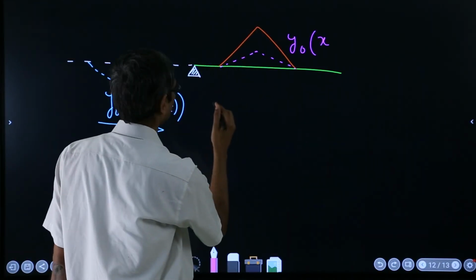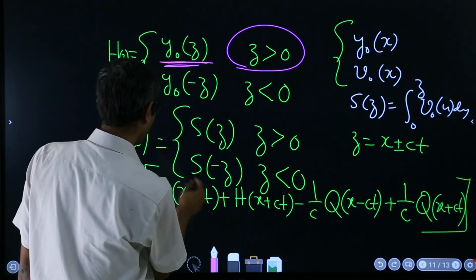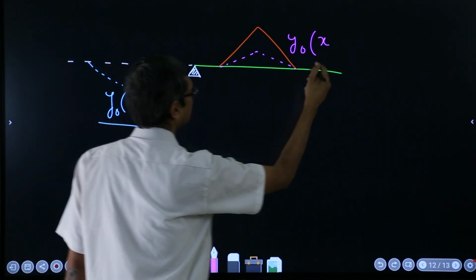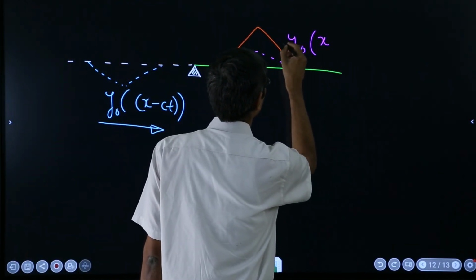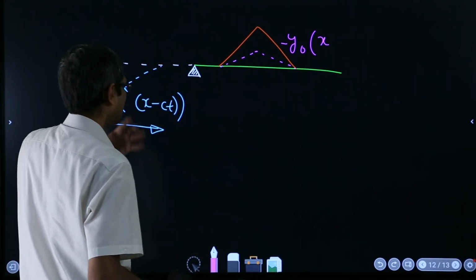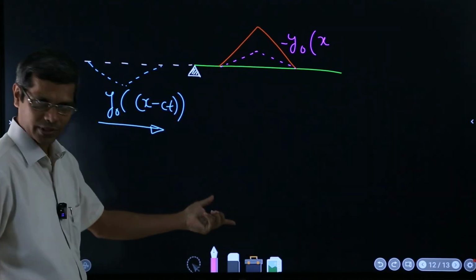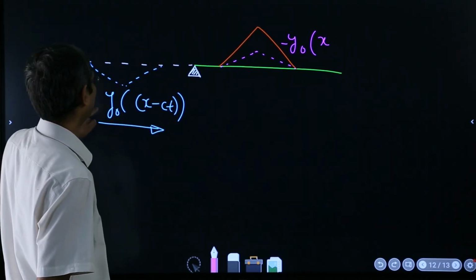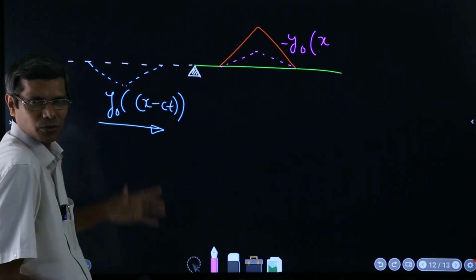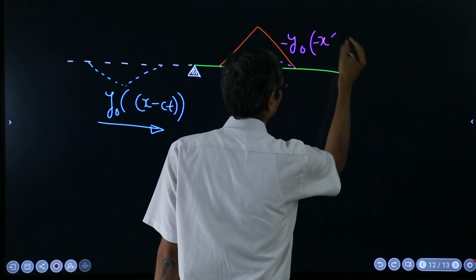This portion is coming here, and now this side is the other one. I'm just trying to be consistent with the previous equation, so this is minus and this is minus of minus being plus. Please understand that.